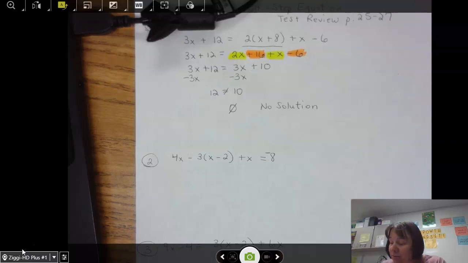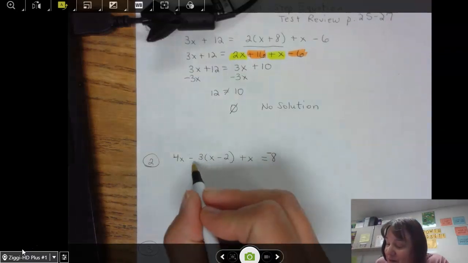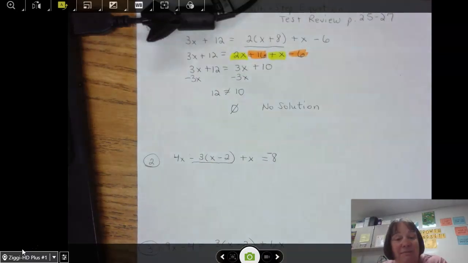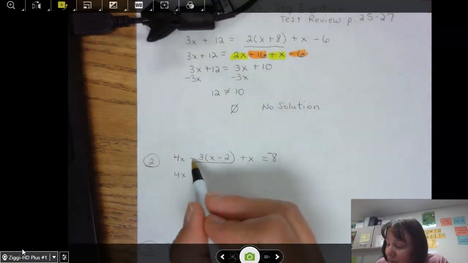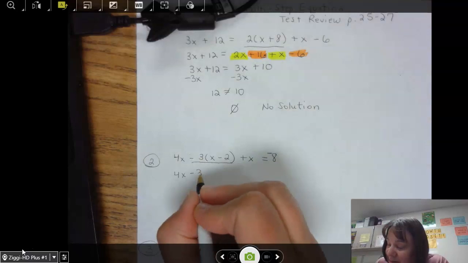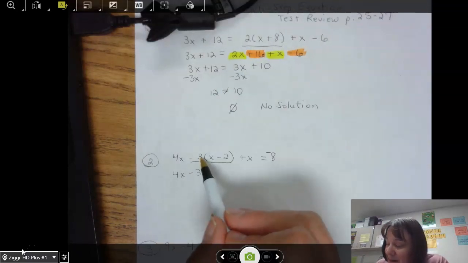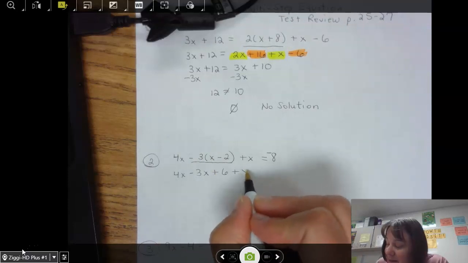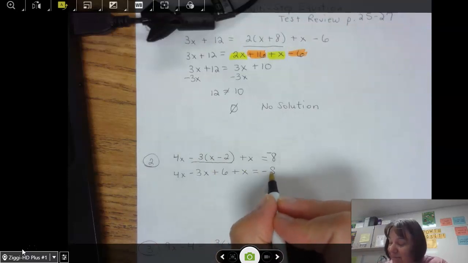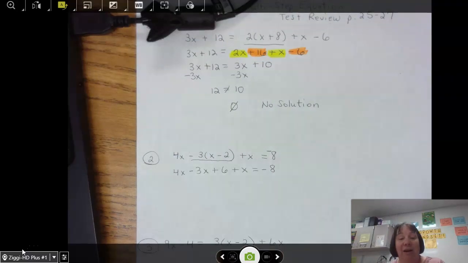So on number 2, again, I see a distributive property in this problem. So that's the first thing I need to do. So I do 4x, negative 3 times x is negative 3x. Negative 3 times negative 2 would be a positive 6, plus x equals negative 8. Now I look for my like terms.